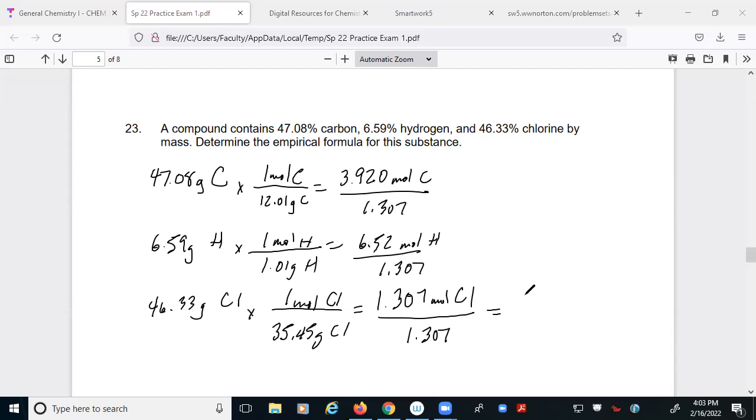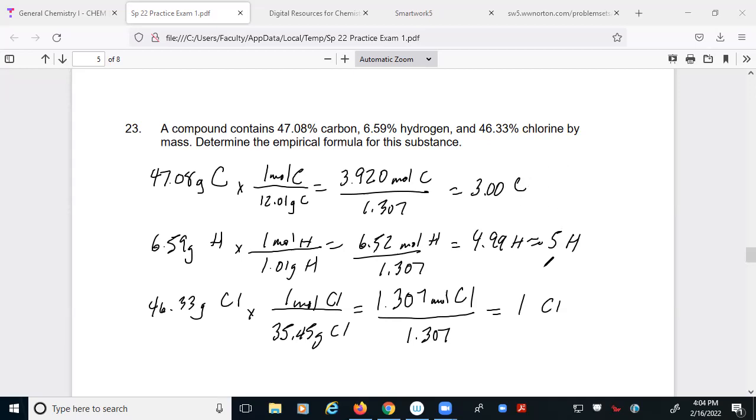If we do that, we're going to have 1 chlorine. 6.52 divided by 1.307 gives us 4.99 hydrogen. We're going to round that up to 5. 3.92 divided by 1.307, we're going to get 3 carbon.